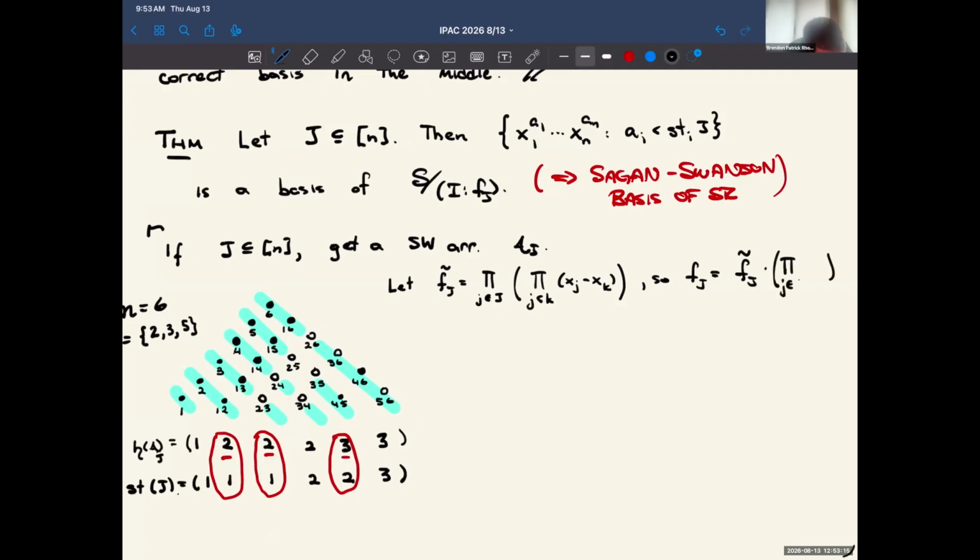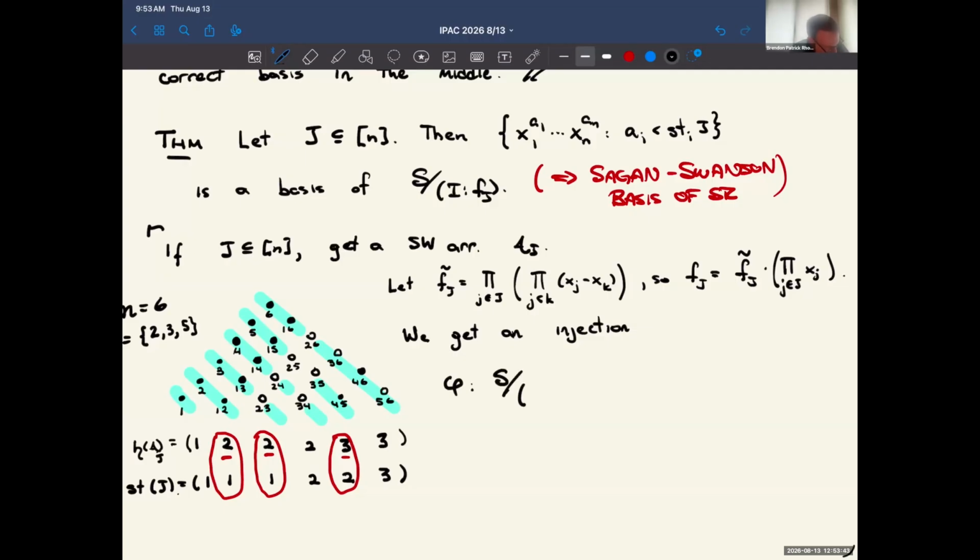over j in J of Xj. And well, here's the thing. If you have a product of two polynomials like this, you get a map, actually an injection, of colon ideal quotients. We'll call this phi.